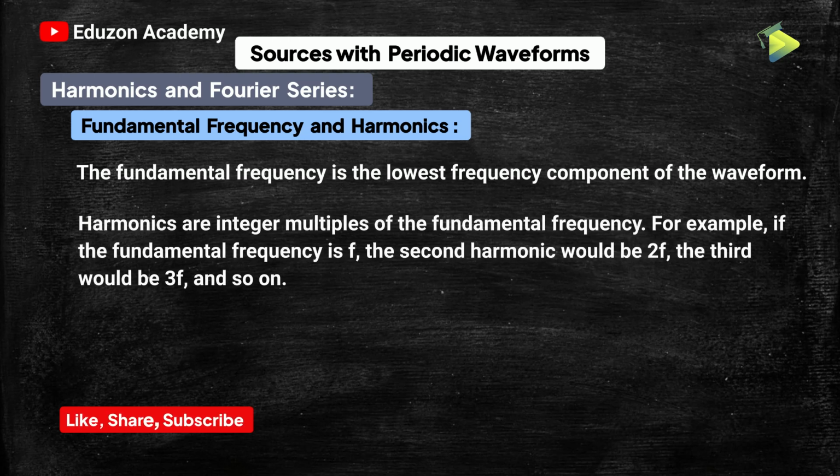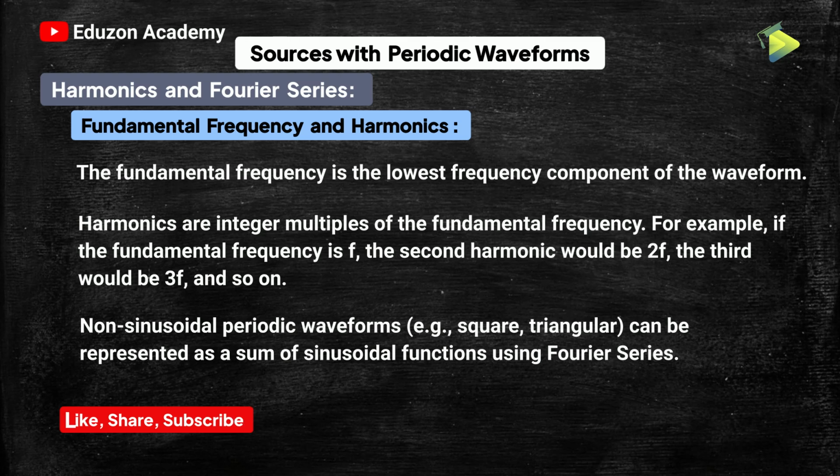Harmonics are integer multiples of the fundamental frequency. For example, if the fundamental frequency is f, the second harmonic would be 2f, the third would be 3f, and so on. Non-sinusoidal periodic waveforms, for example, square, triangular, can be represented as a sum of sinusoidal functions using Fourier series.